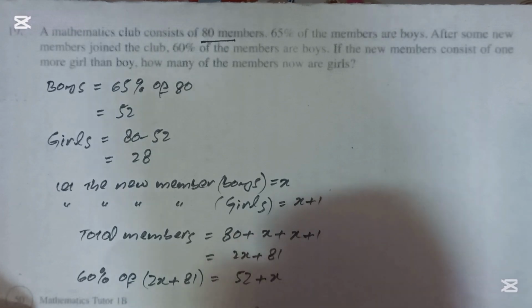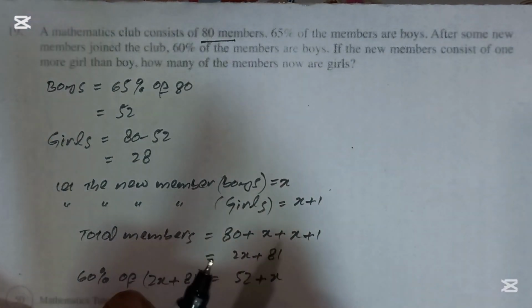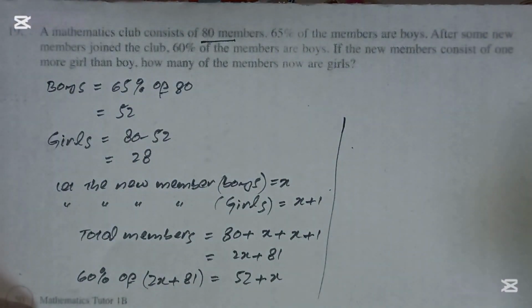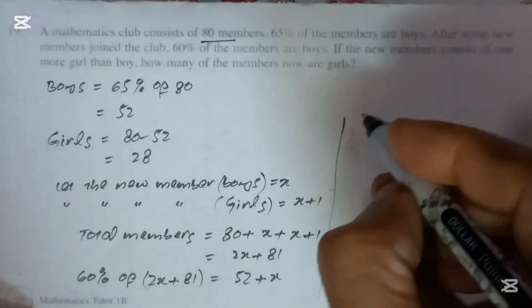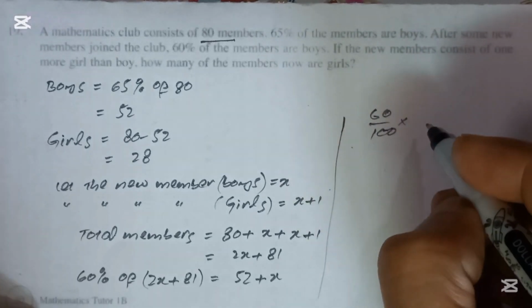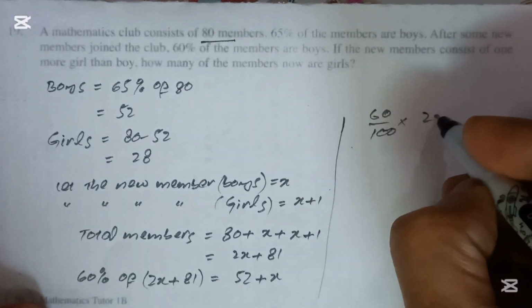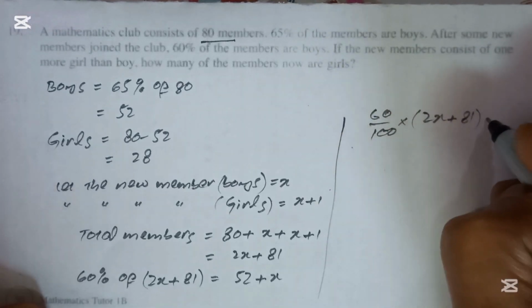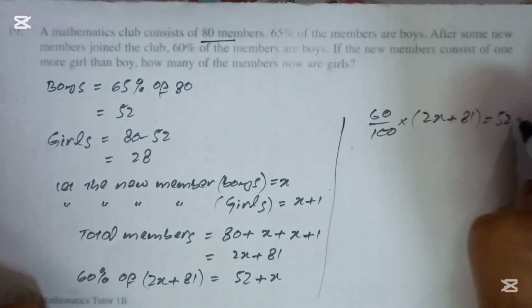So the new number of boys will be 52 plus x, and that should be equal to this. So we will solve it now: 60% of 2x plus 81 equal to 52 plus x.